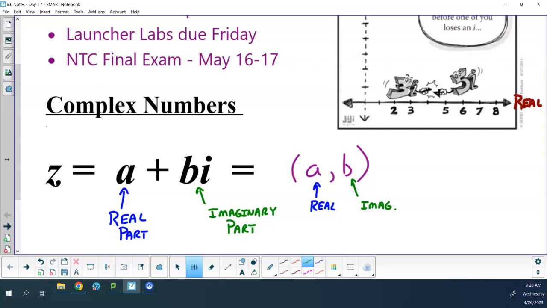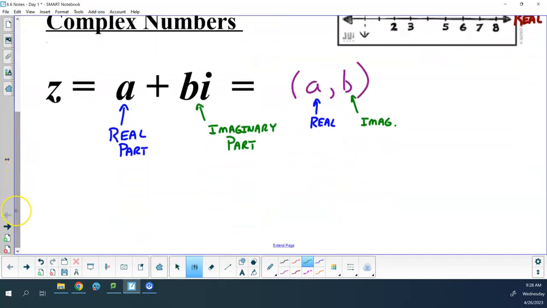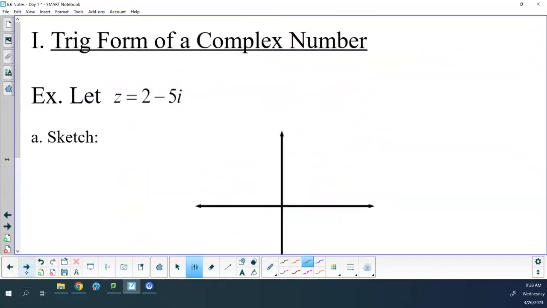Today, what we're going to talk about is the trig form of a complex number.